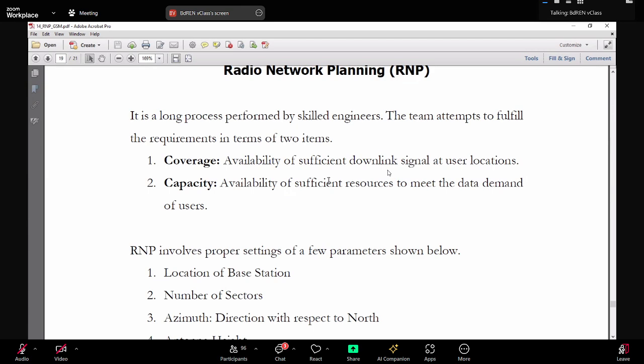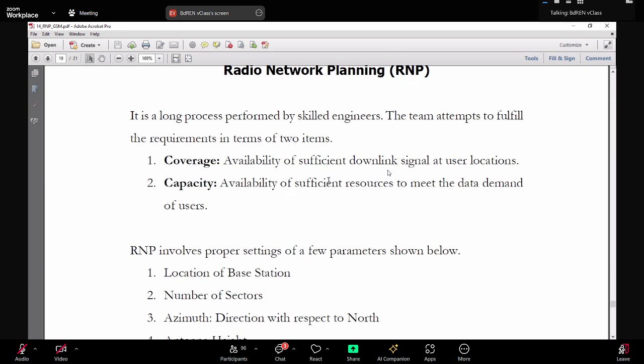Well, there may be some place, for example, a lake next to your tower, which doesn't have any users. And normally there are no users either, so you don't want to cover there. So it's possible that there is no coverage in there. So there can be deliberate areas without coverage.